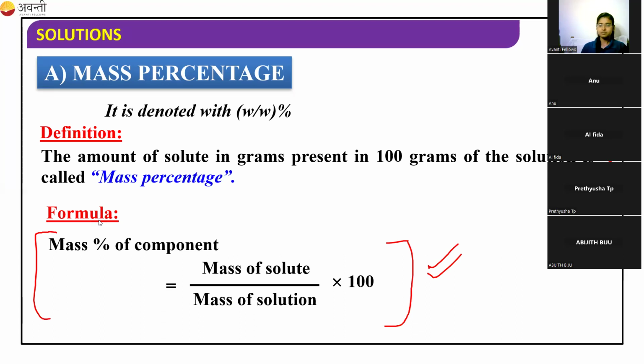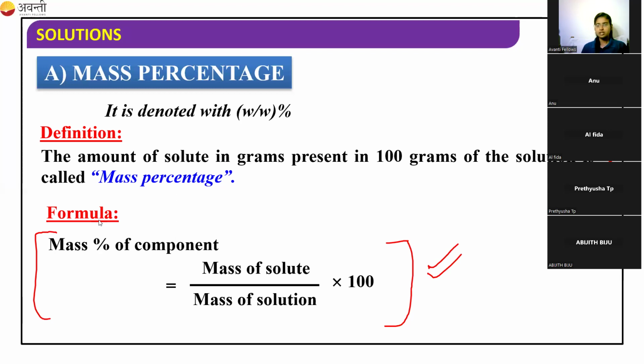You're not going to get this type of definition question in the NEET exam or JEE exam, but when it comes to school exams, you should be able to write the definition from the formula which you have studied. Got it? So this is the formula for mass percentage. Have you all noted this down? Shall I move on to the next slide?